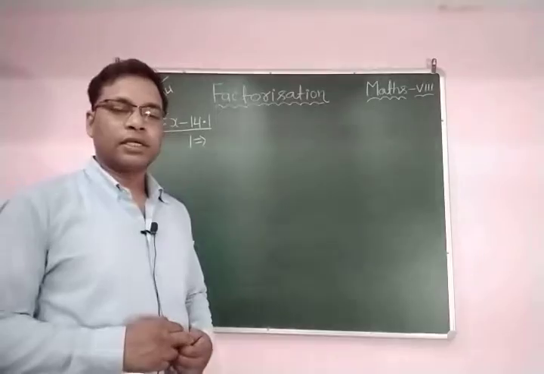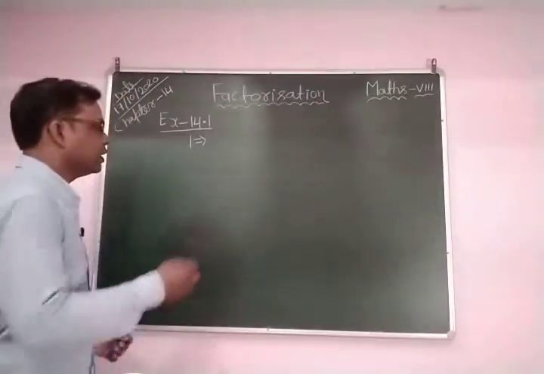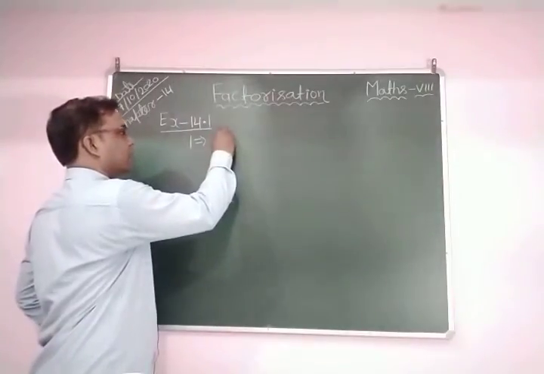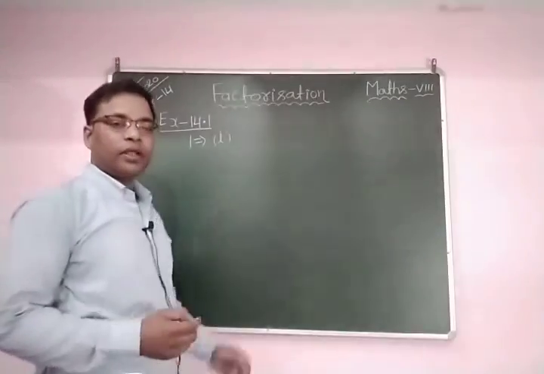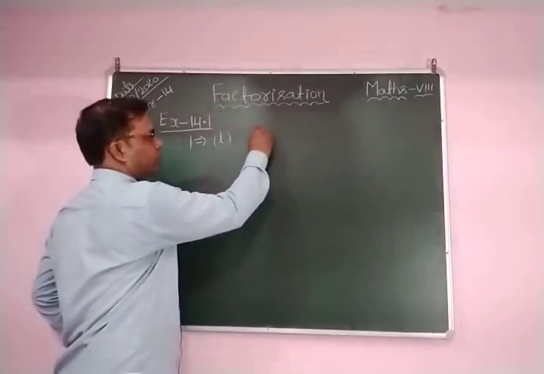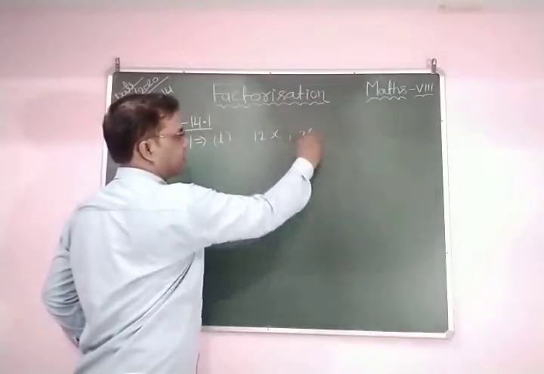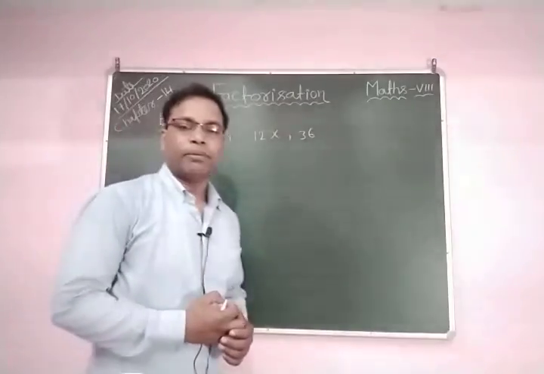Here the first algebraic expression is given. Question number 1, part a: 12x, 36. We need to find common factors.